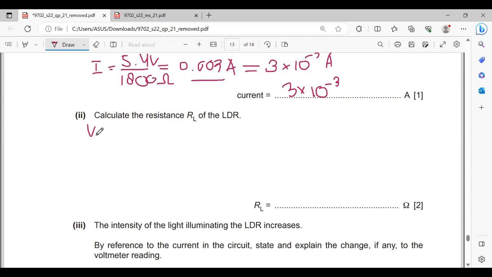The potential difference of the LDR is 9 volt minus 5.4, 9 minus 5.4, equal 3.6.